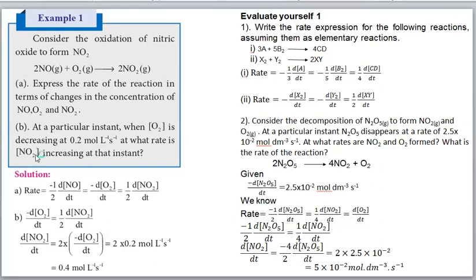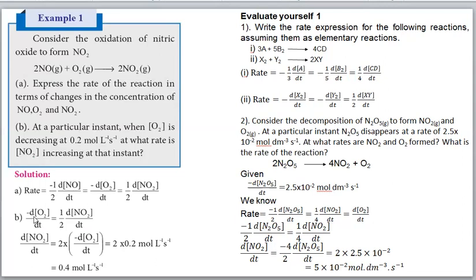Then we want to find out the rate of increasing concentration of NO2. That is what we need. So this equation we can rearrange: d[NO2] divided by dt equal to, this 2 will go here, so we'll get 2 into minus d[O2] by dt.